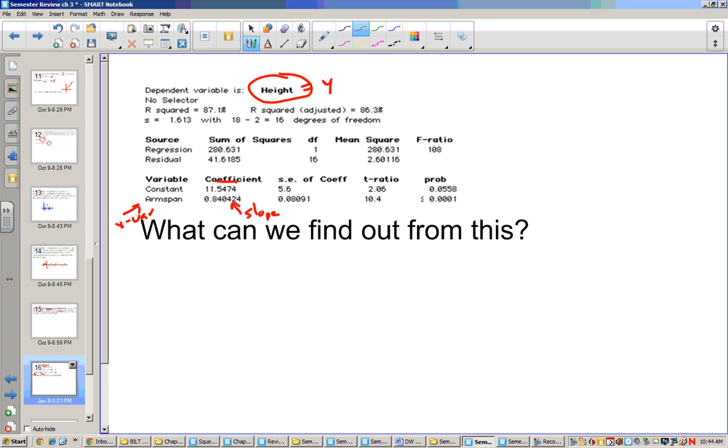And across from constant, this is our y-intercept. We'll learn about most of this other stuff next semester. Oh, and r squared would be 0.871. So if we want to find our r, we just have to square root 0.871, and that would give us our r value.